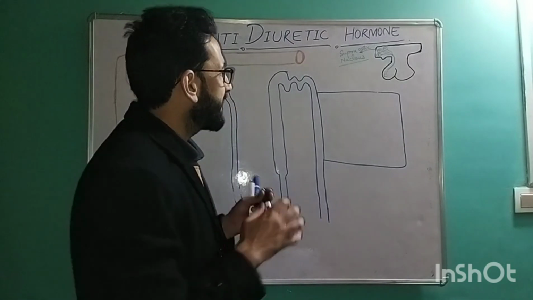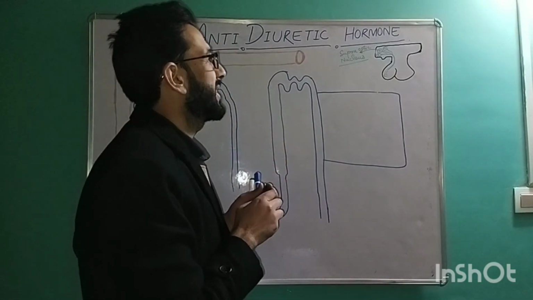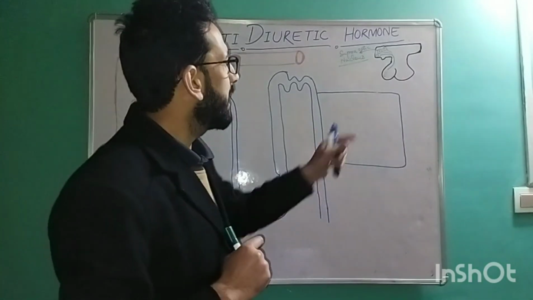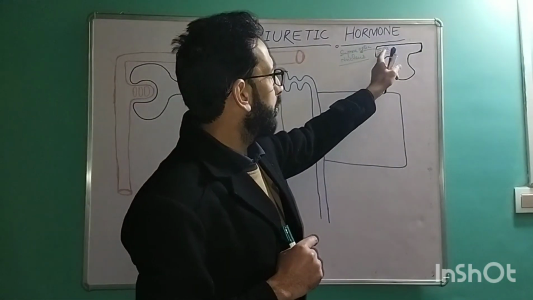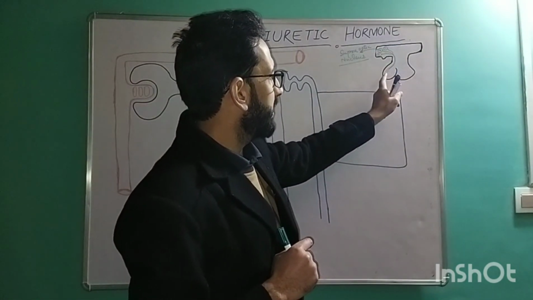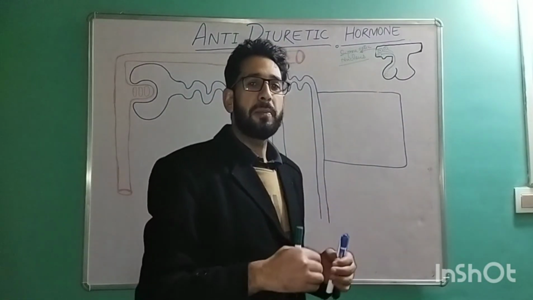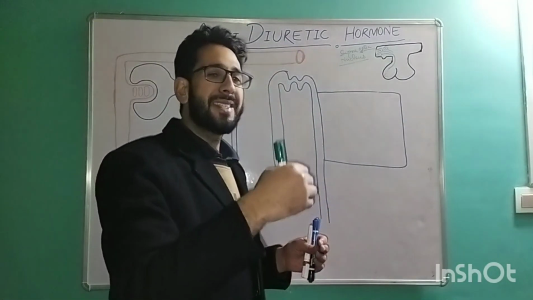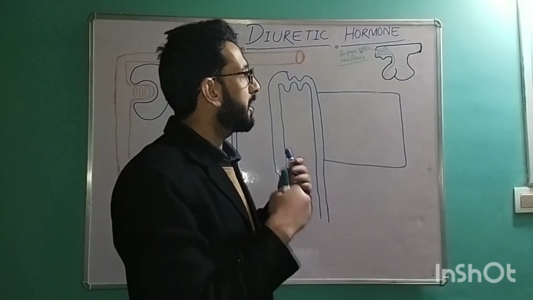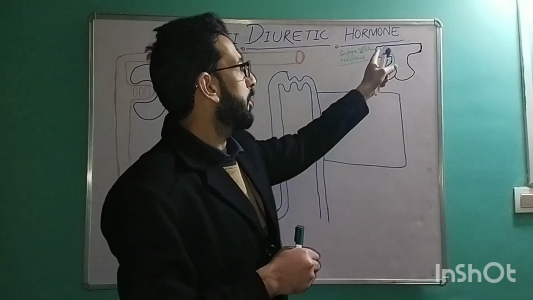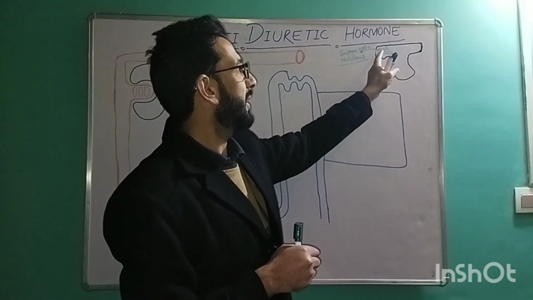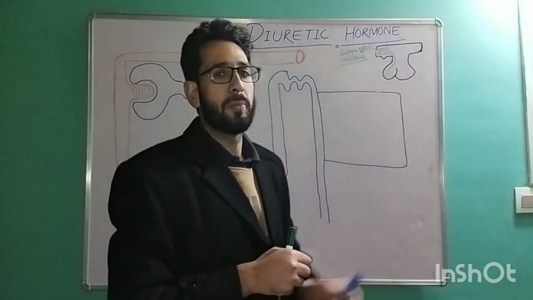Once it is synthesized, the antidiuretic hormone is transported down the axon and stored here in the axon terminal. From the axon terminal, it is released out of the posterior pituitary once the supraoptic nucleus receives a particular stimulus.